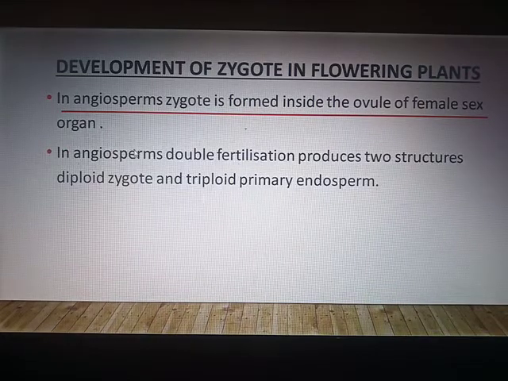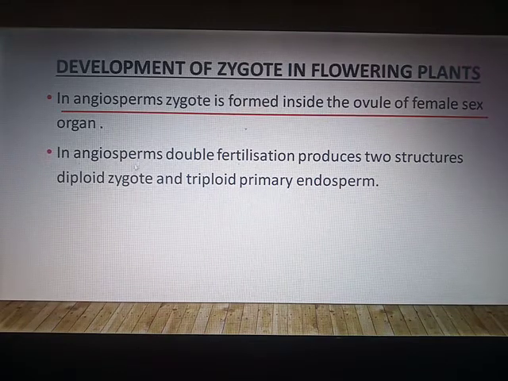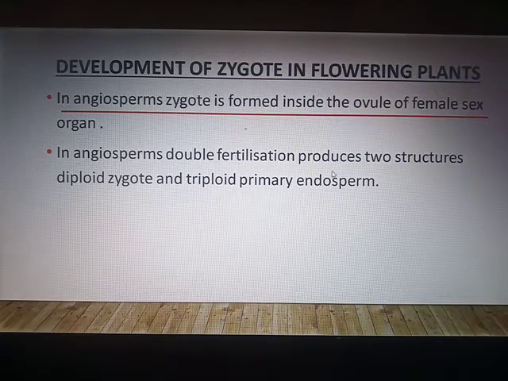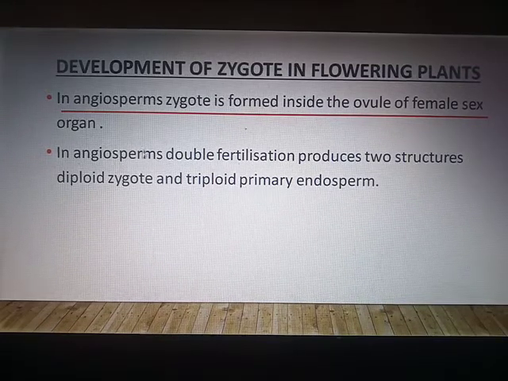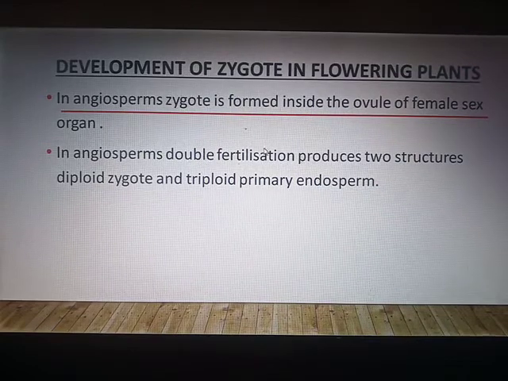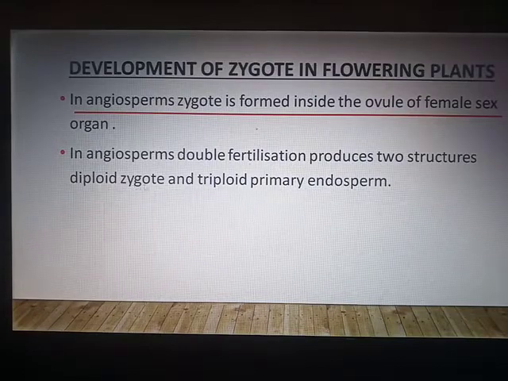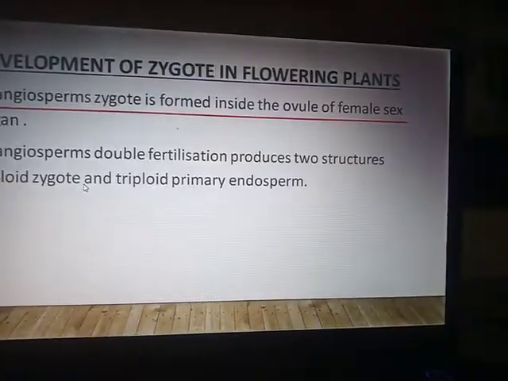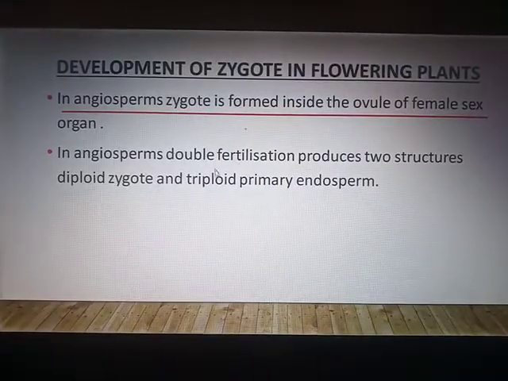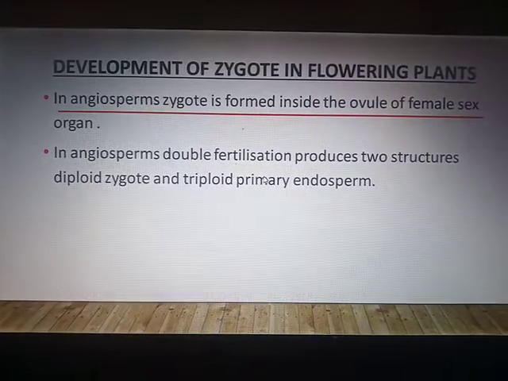So in angiosperms, double fertilization produces two structures, diploid zygote and triploid primary endosperm. Students, in angiosperm, there is double fertilization and it produces two structures. One is zygote, diploid zygote, and the second one is triploid primary endosperm. Clear?